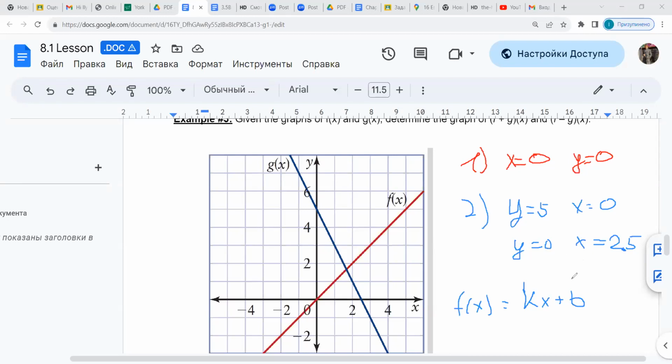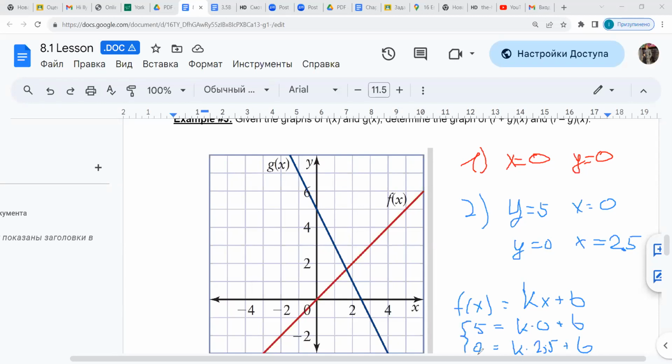Now, let's start with the blue one. For the blue one, we know two pairs of points. First one, when y equals 5, 5 equals k times 0 plus b, because x equals 0. Another point that we know is 0 equals k times 2.5 plus b.